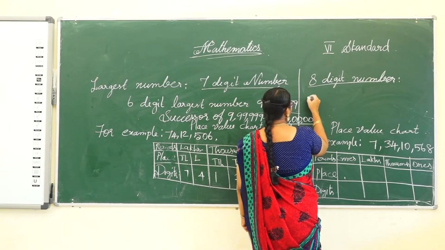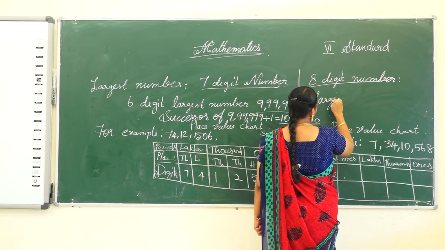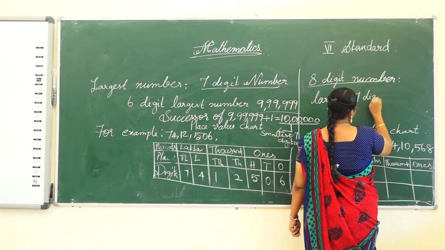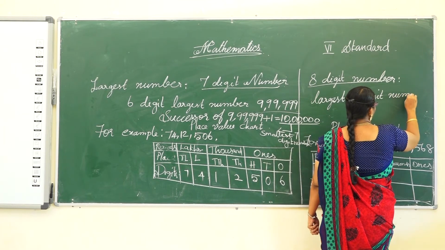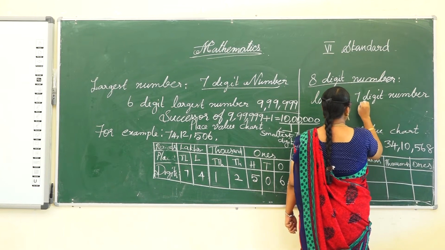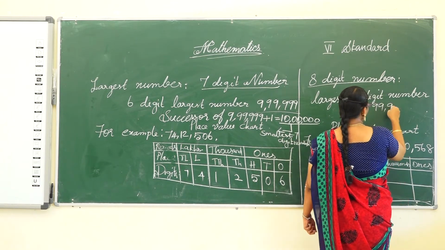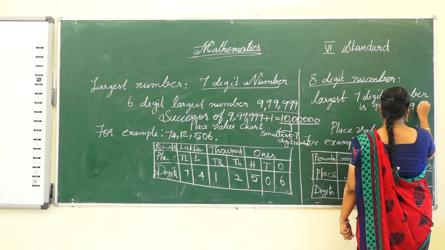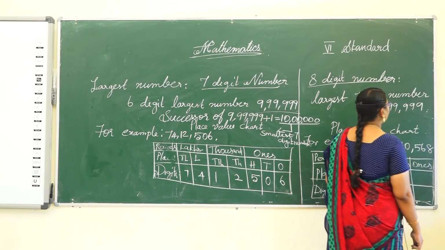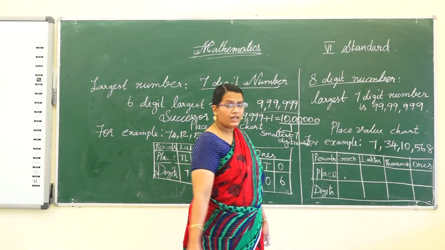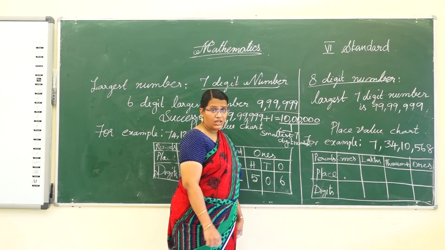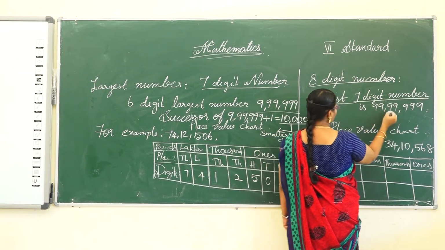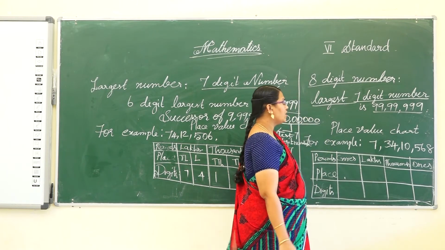And next one, 8-digit number. So what is the largest 7-digit number? It is 99 lakh 99,999. It's the 7-digit largest number. So what is the successor of this number?